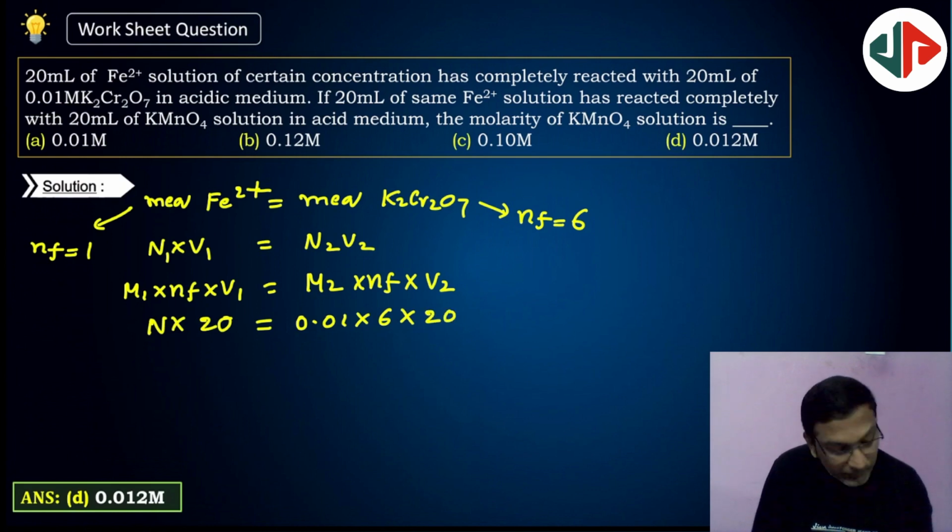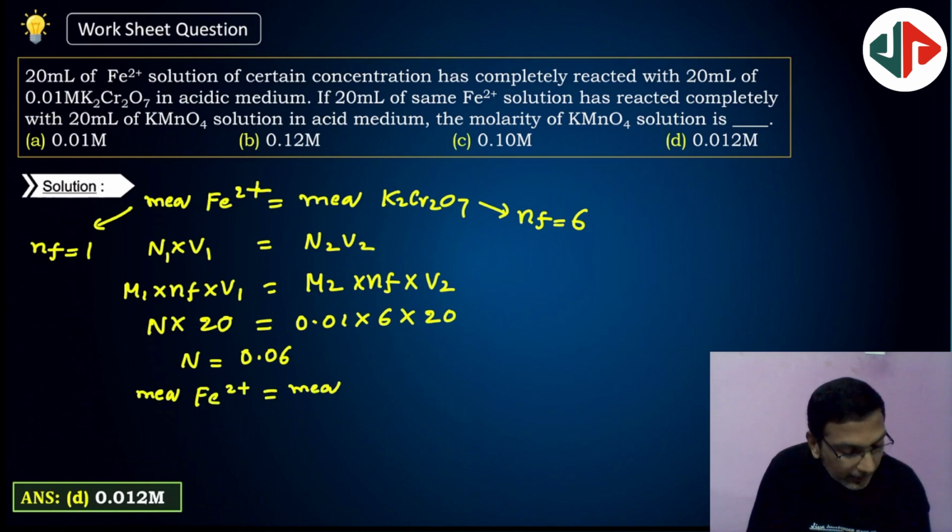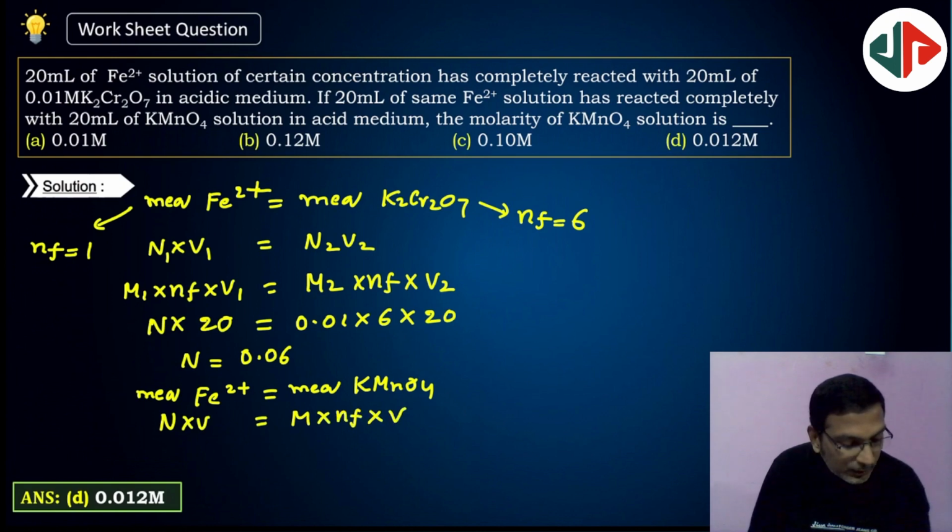Therefore normality is 0.06. This is for Fe2+. The same Fe2+ is used for milliequivalents of KMnO4.